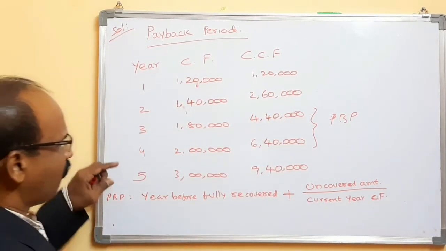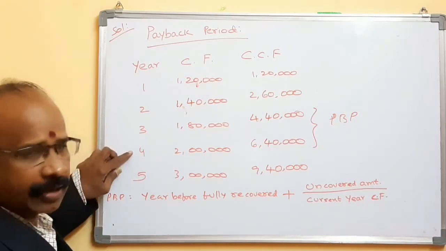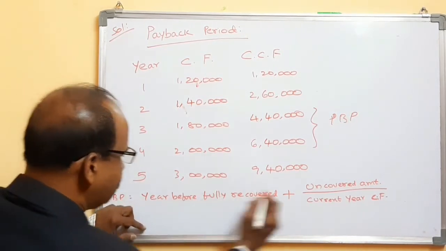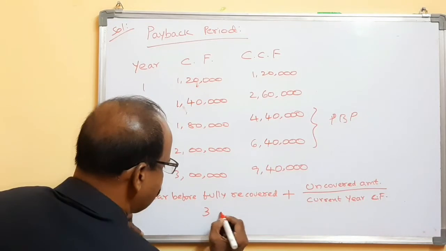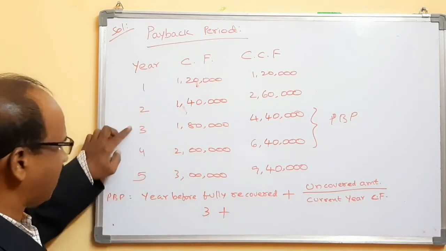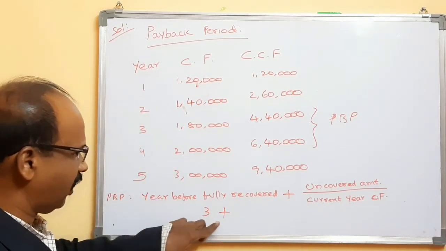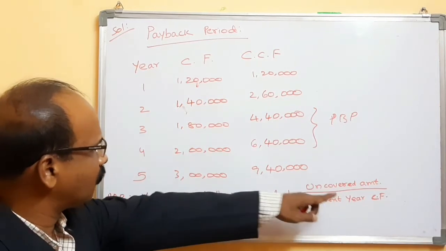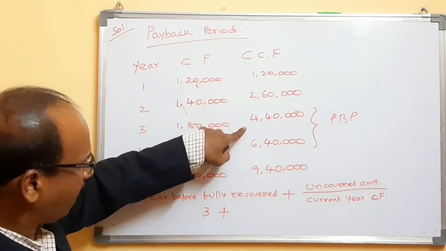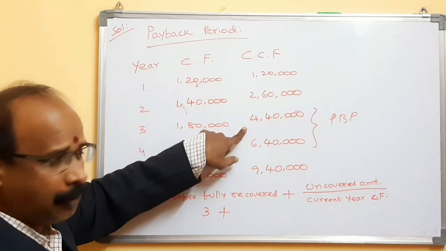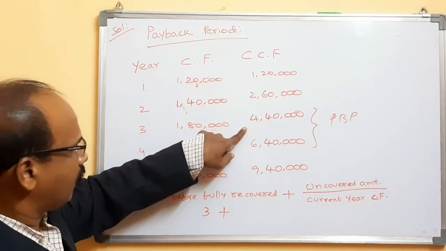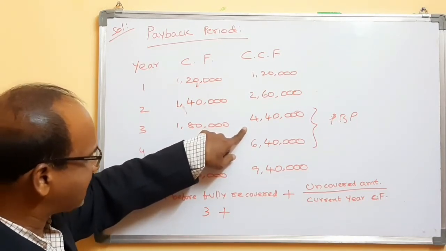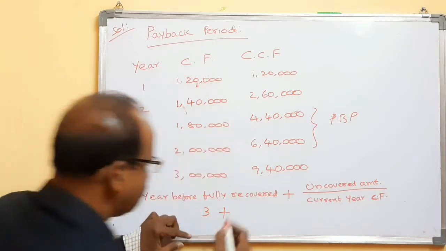In this problem, it is fully recovered in the fourth year, so the year before fully recovered is the third year. That's why we take third year. Uncovered amount: 4,40,000 we covered up to third year. What is the difference between 5 lakhs and 4,40,000? 60,000 rupees.